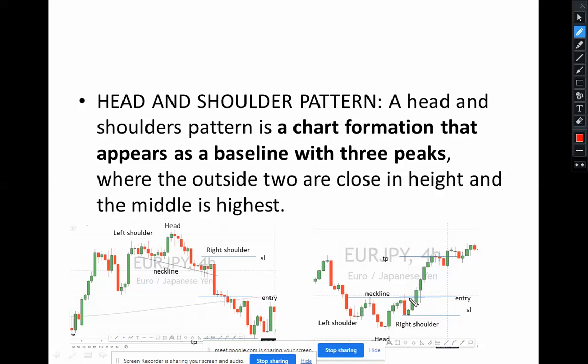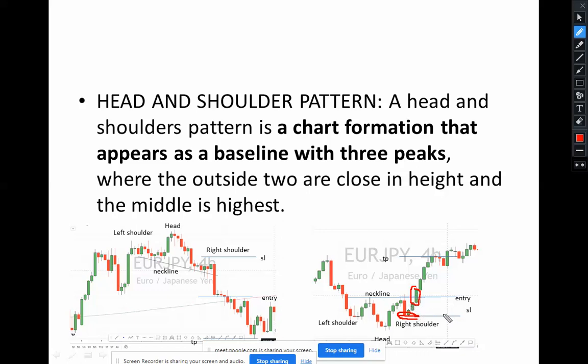What you should do is wait for a breakout to occur. This is the breakout. Once the breakout occurs, you enter a trade right away. Your stop loss is the previous swing low, so place your stop loss at the previous swing low.